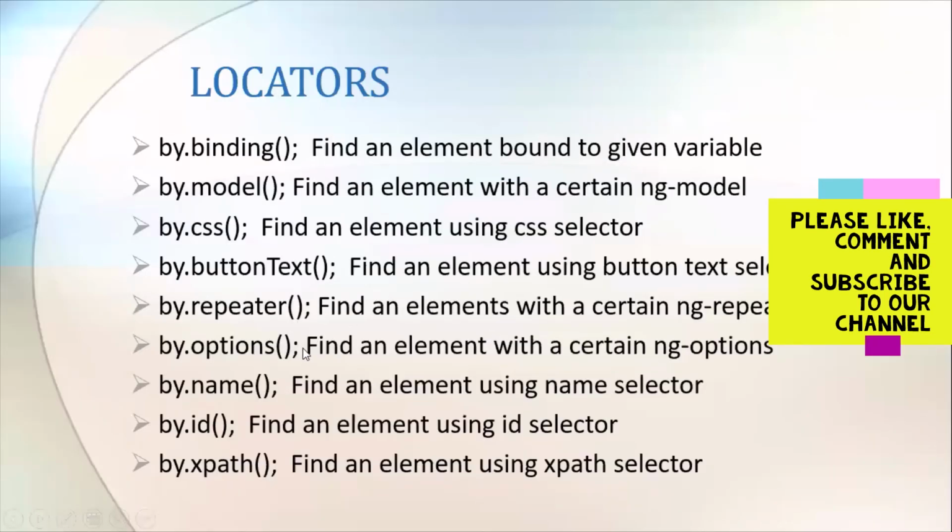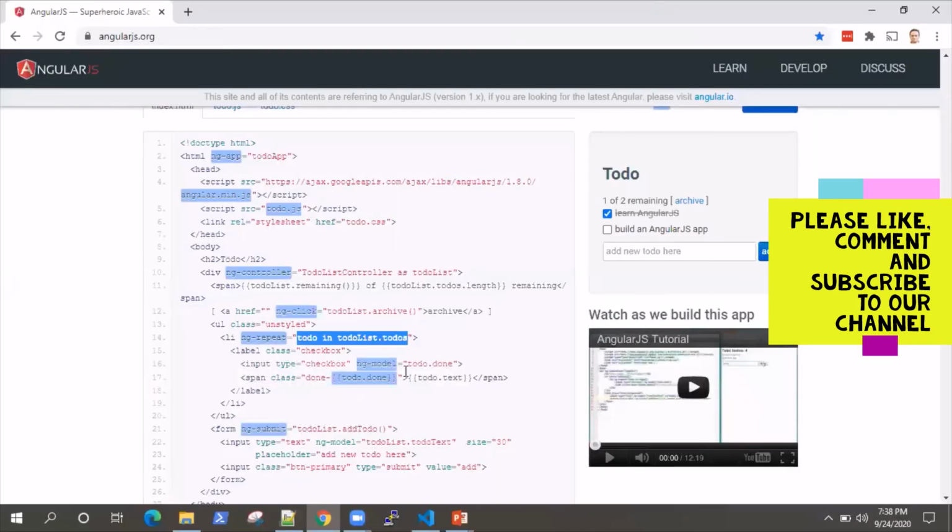Now the next is by.options, right? You can find an element which has this element type as ng-options. Now this is pretty similar to the select type. When you are working with select drop down types, you can use this ng-options, and then you can access the items present in the drop down, very similar to how you use it in Selenium if you have already worked on it.